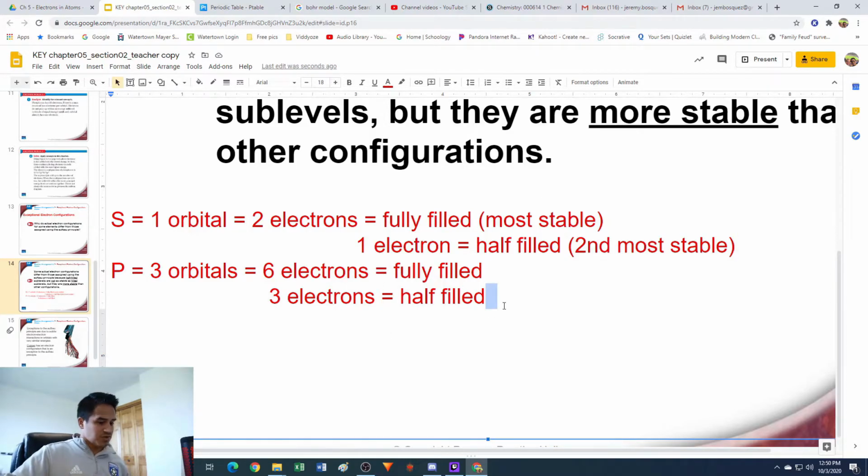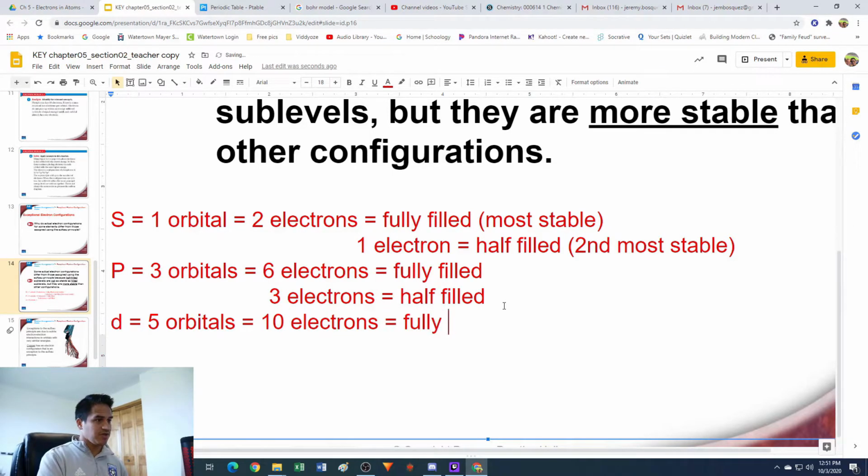We'll do the same thing with the d orbitals. There are 5 d orbitals. Each one holds 2 electrons. That is a total of 10 electrons that can be held in the d orbitals, so that would be fully filled. Half of that would be 5 electrons. That is half filled.